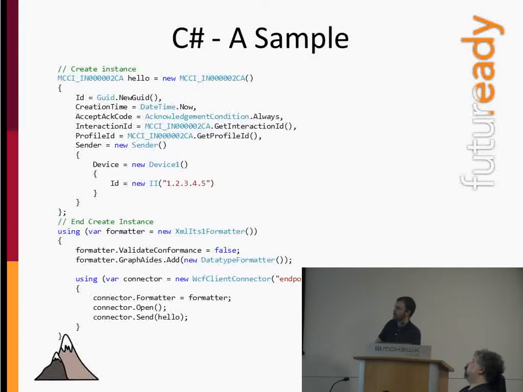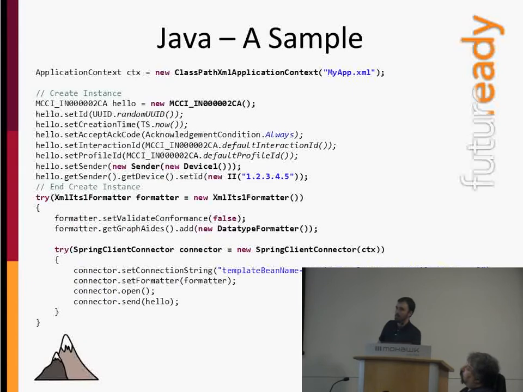So you just instantiate your object in memory, create a way to represent that on the wire, create something to connect it, and then send it over the wire. In Java, it's pretty much the same thing. We tried to keep them as equal as possible while not forcing Java developers into .NET patterns and practices, and vice versa.